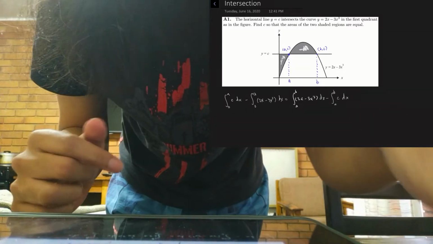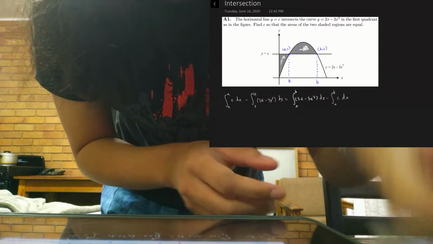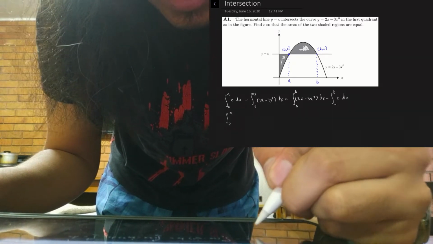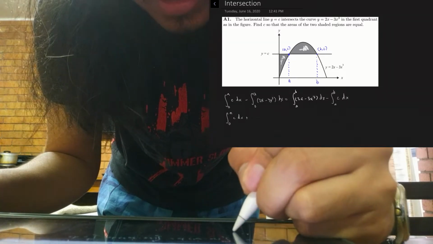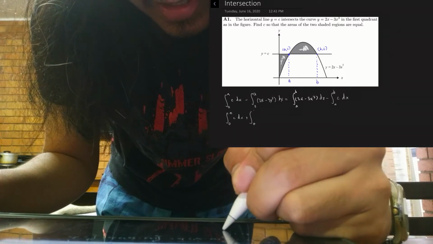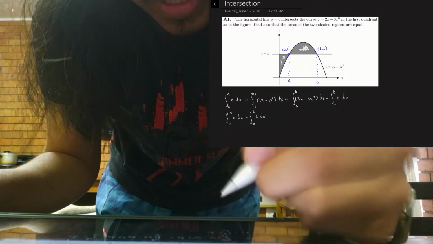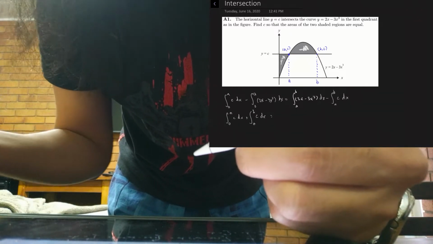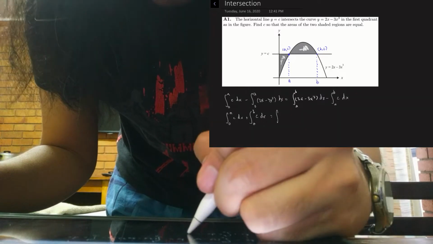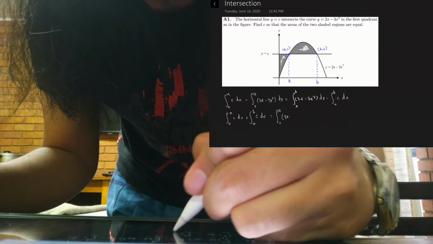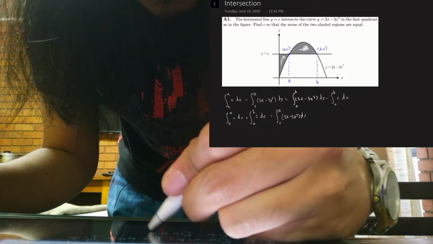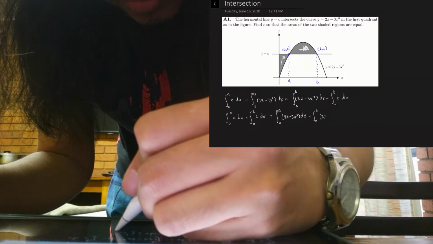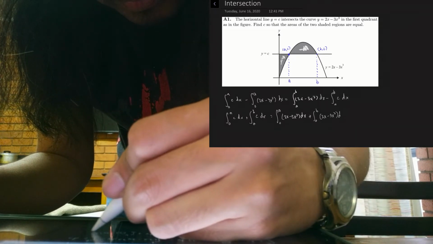Okay, so right here you can put all the integrands involving c on the left hand side: the integral from 0 to a of c dx plus the integral from a to b of c dx equals, and then all those involving the curve 2x minus 3x cubed, you put on the right hand side: the integral from 0 to a of 2x minus 3x cubed dx plus the integral from a to b of 2x minus 3x cubed dx.